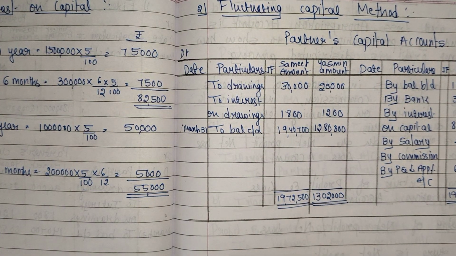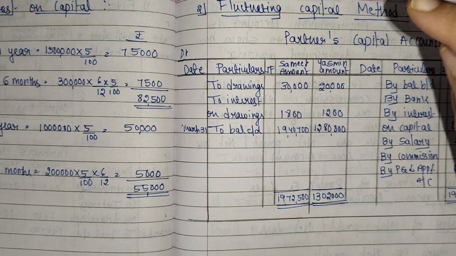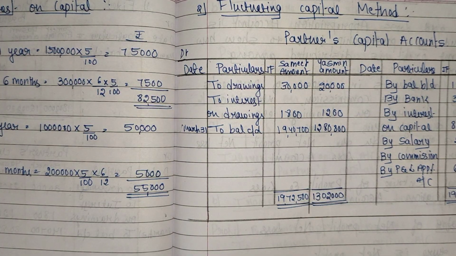Once we have prepared the fixed capital method under the partner's current account, it is easy to prepare the fluctuating capital method. But here only one account is maintained. We need to record the additional capital introduced in the partner's capital account only. There are no two accounts we need to prepare. Clear? That's the main difference.